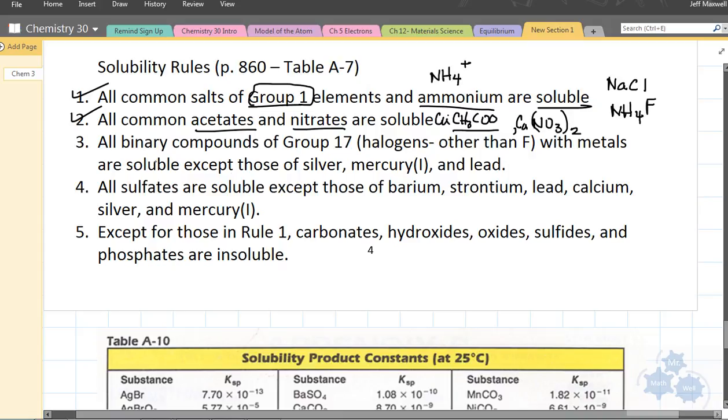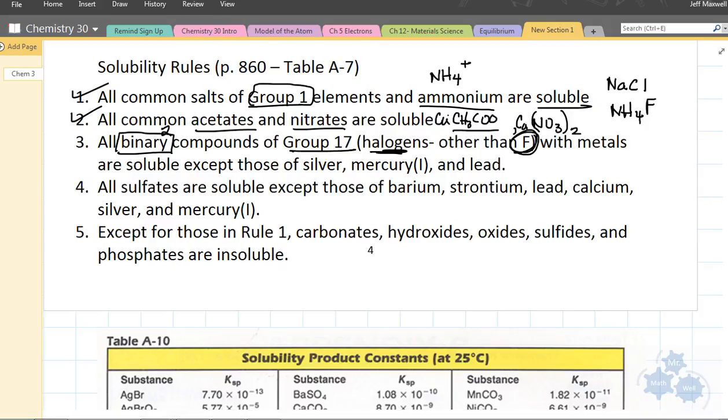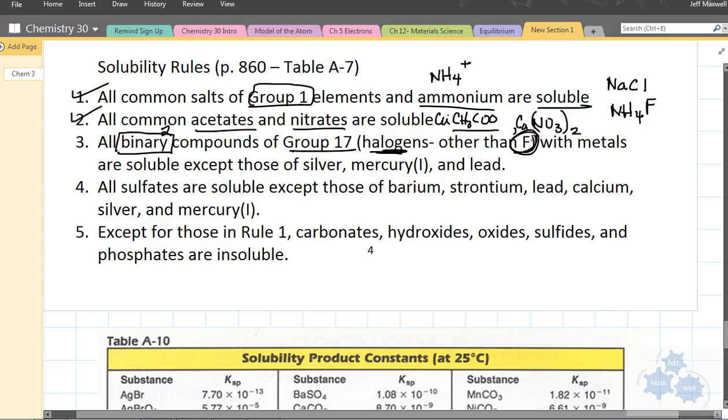Number 3, all binary compounds of group 17. So binary means 2. Okay, so 2 elements of group 17. That's the halogens, except for F. F has some exceptions there. So that's not always with F. But anything else, chlorine, bromine, iodine, all right, any binary compounds with those are going to be soluble.